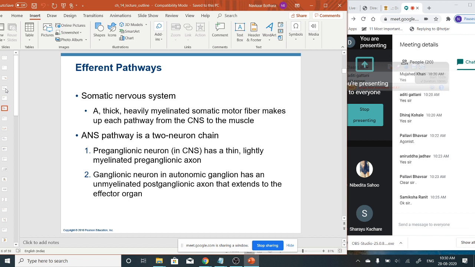What is ganglion? See, dear friends, please give some time if you are not very sure.